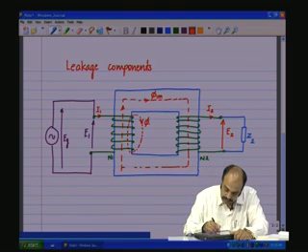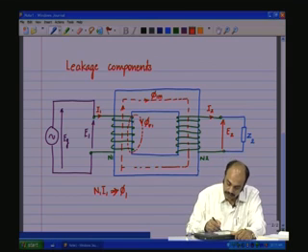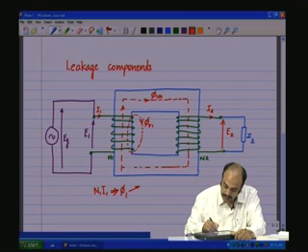Let us call that one phi sigma 1. So, in actuality N1 I1 is producing flux phi 1, but this phi 1 is having two components, phi 1 m and phi sigma 1.